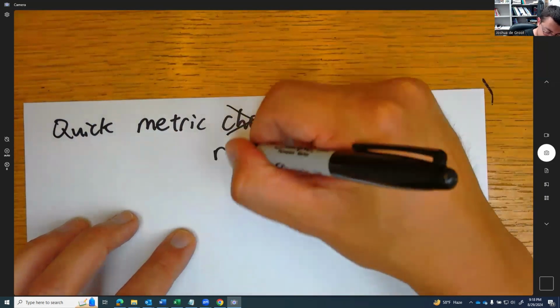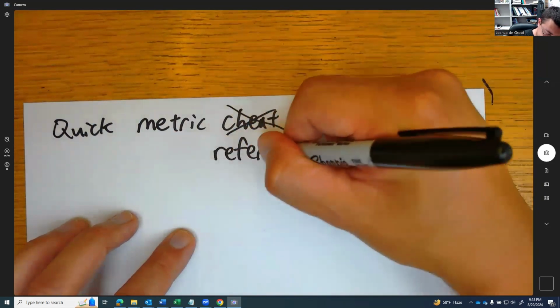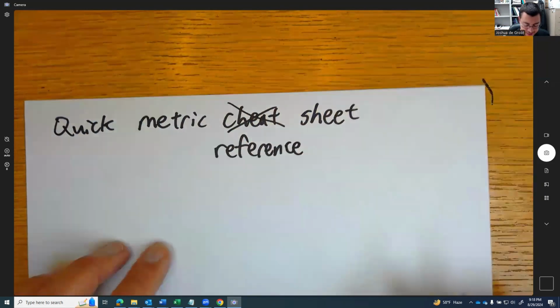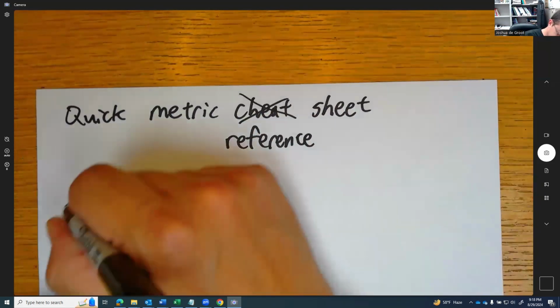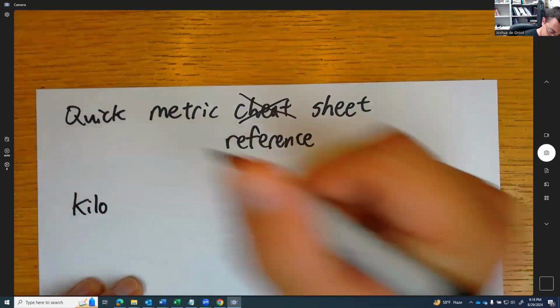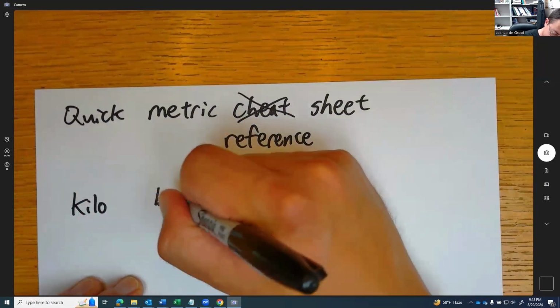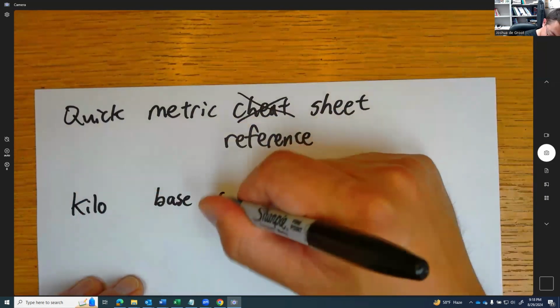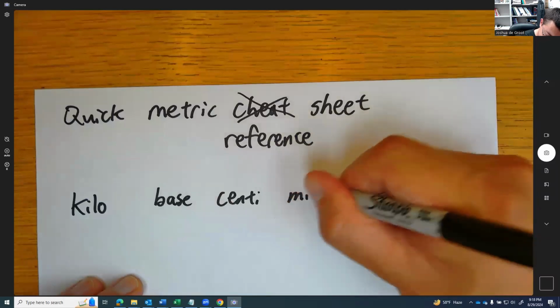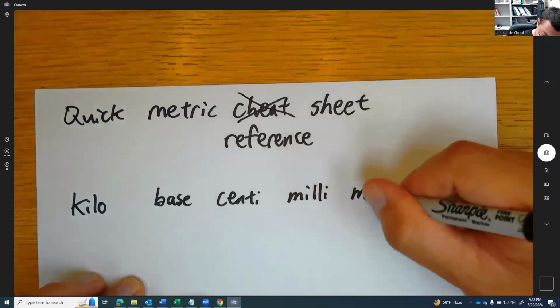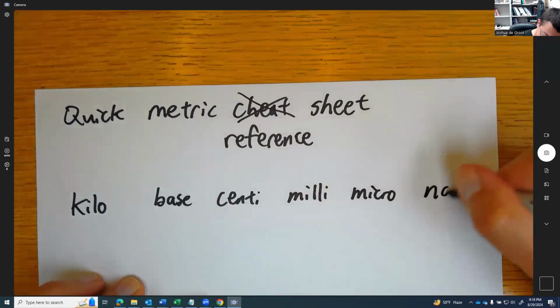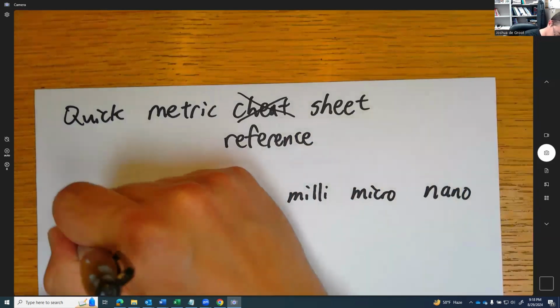We'll just say reference sheet. So you can just go kilo, base, centi, milli, micro, nano. You can even put the prefixes.